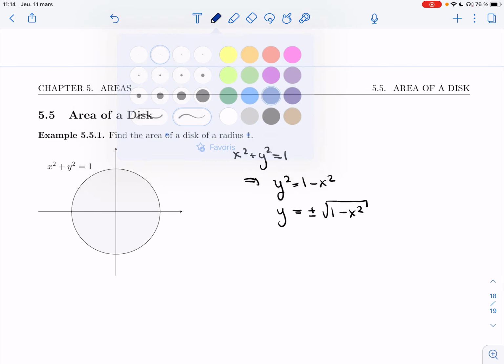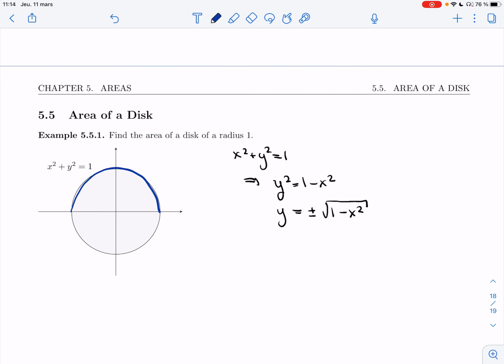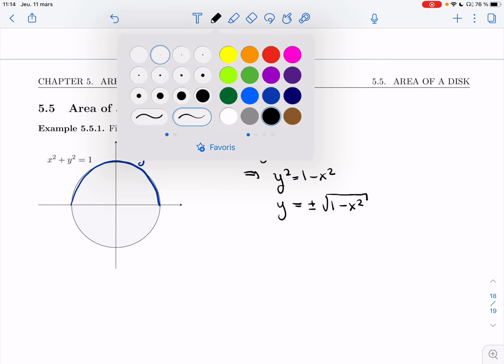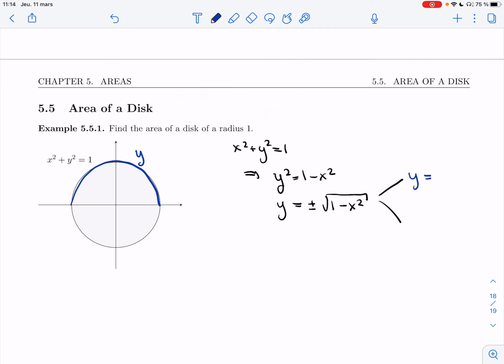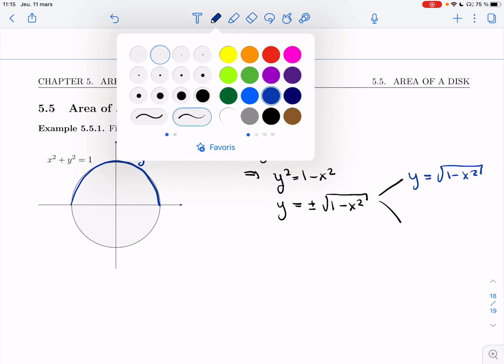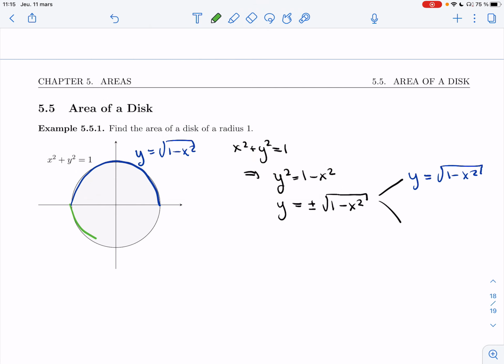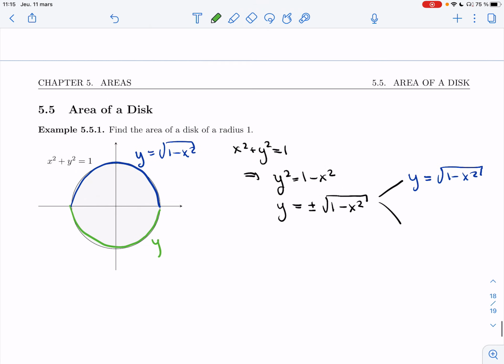Let me put them in blue and green like we usually do. For y positive root, I'm going to get a positive number, so that's going to be this one. And then for y negative, I'm going to be with negative values of y, so it's going to be right here.